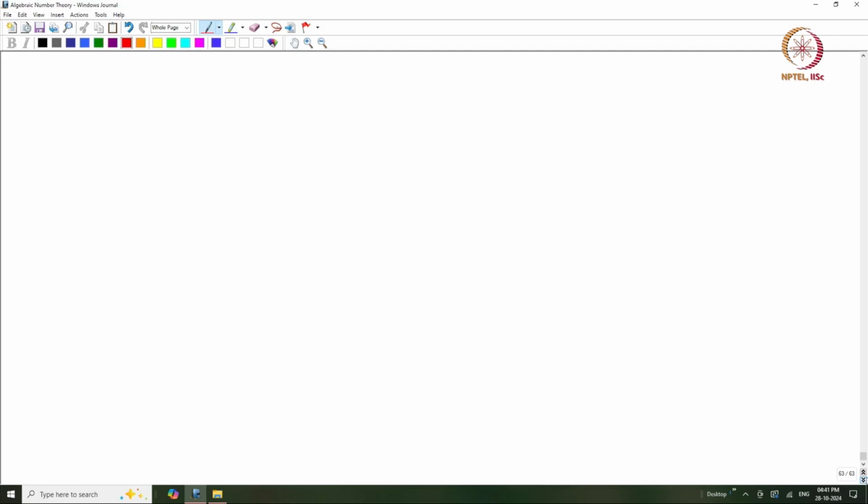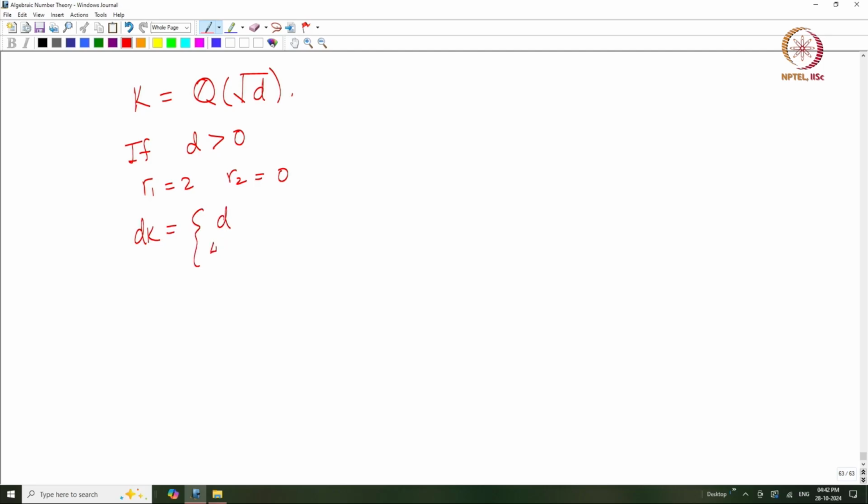All right. So, let me also point out one more thing. If you take K to be Q square root of d, again as before with the same notation, d is a square free integer. So, if d is bigger than 0, we get a real quadratic field, and in this case R1 is 2 and R2 is equal to 0, and dk is either d or 4d.